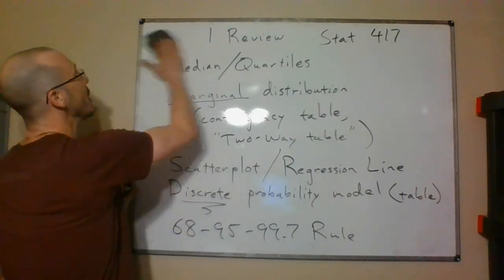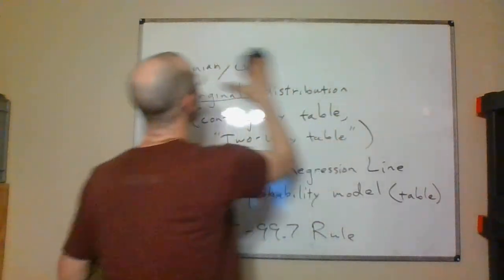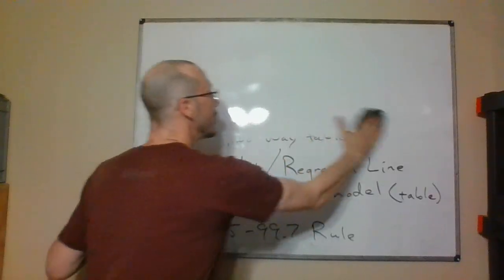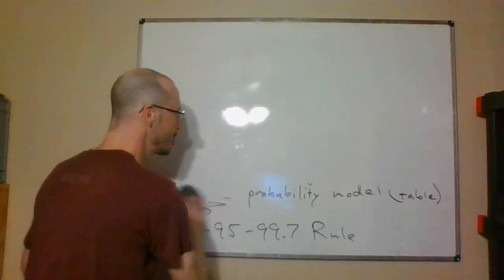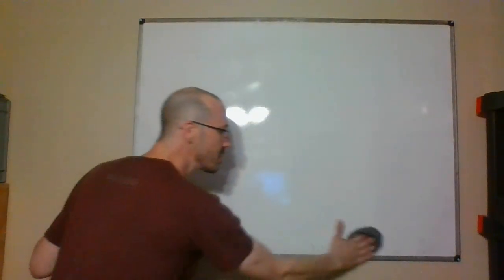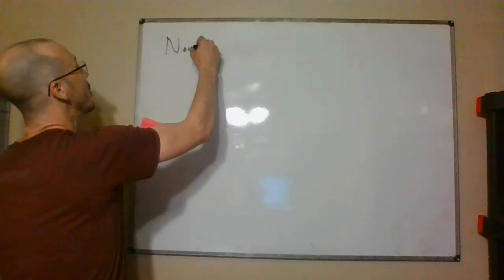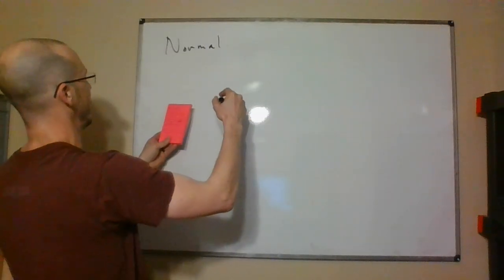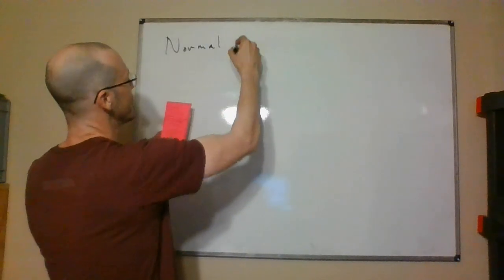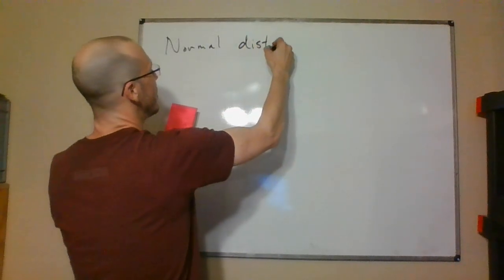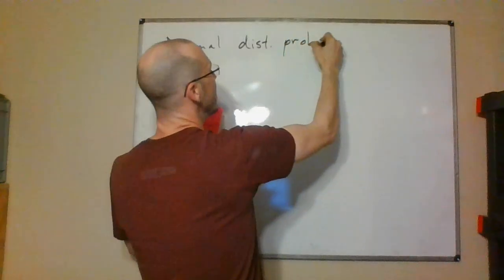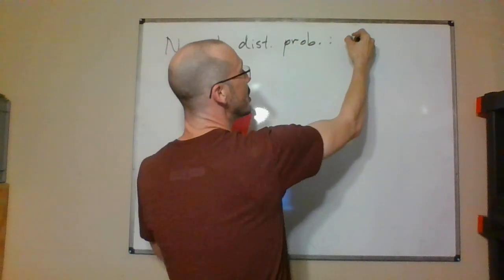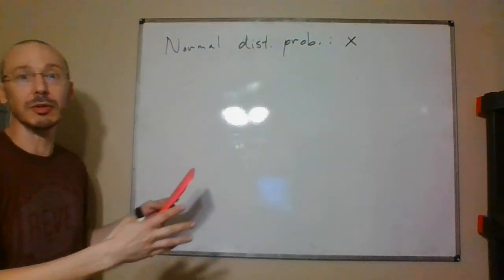There's another part, where we have to make a distinction between the two different ways that we use the normal probability. So the normal distribution probability is the situation where we're talking about an x value, a data value.